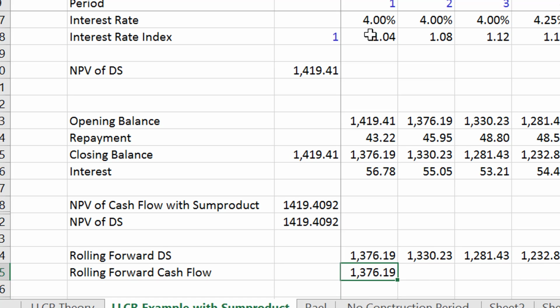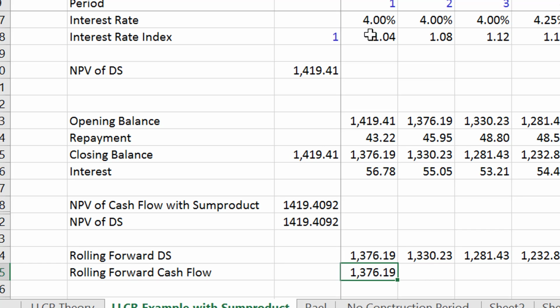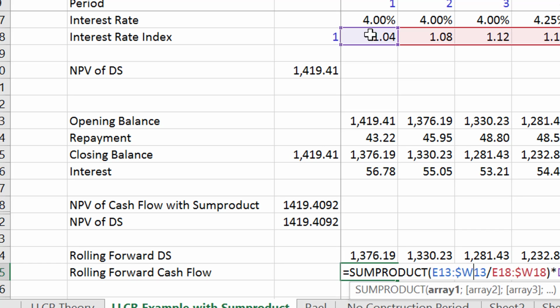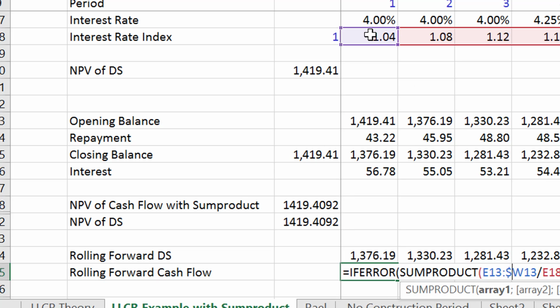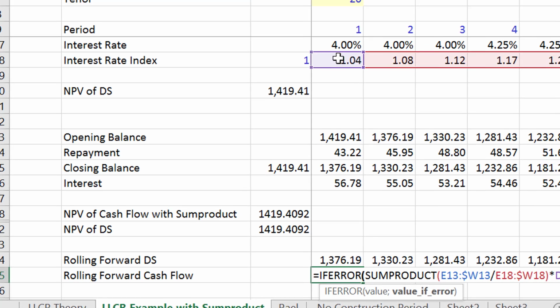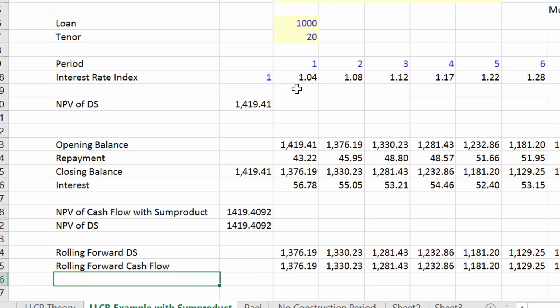And then we'll put the same dollar sign right on the W's, and maybe even the IFERROR, and then we get our DSCR, our rolling LLCR.